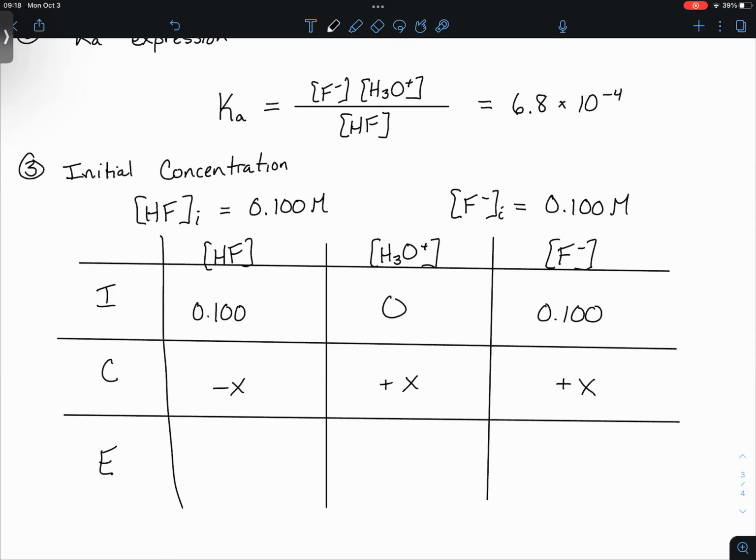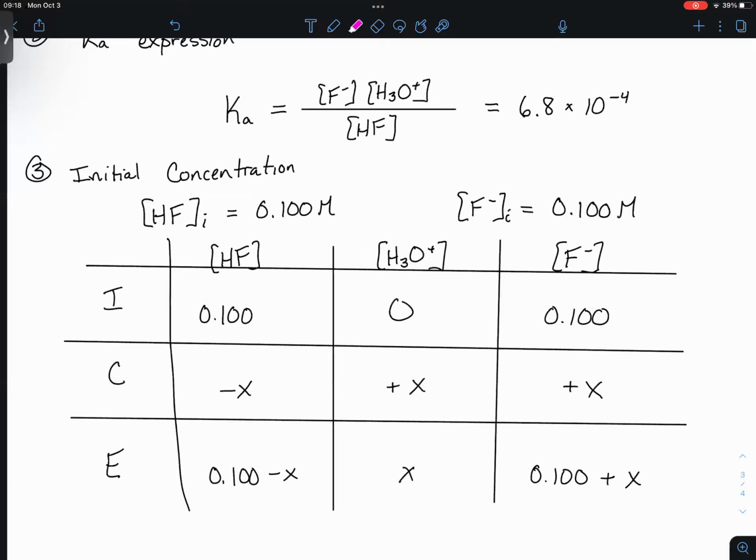But now my change at equilibrium, I'm going to sum up my I and my C boxes. And so we see the big difference is what happens in this box right here, right? No longer is it just X, but it's that initial concentration plus the value of X. All right, so then we're going to turn around and plug this into our expression for Ka.